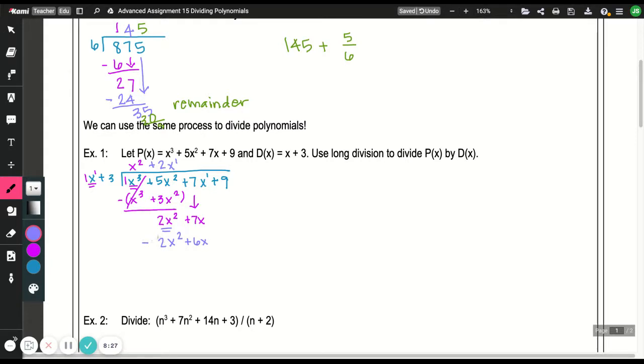And then we subtract. 2x squared minus 2x squared cancels. It will cancel every single time if you've done it correctly. If it doesn't cancel, you need to go back and find your error. 7x minus 6x is 1x. And then we bring down our 9.